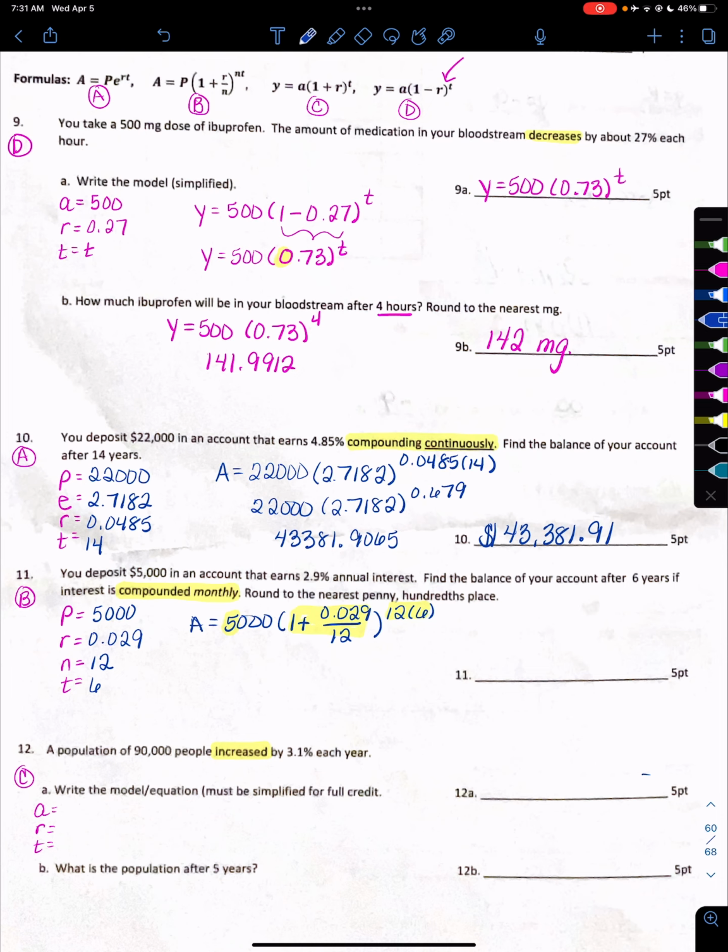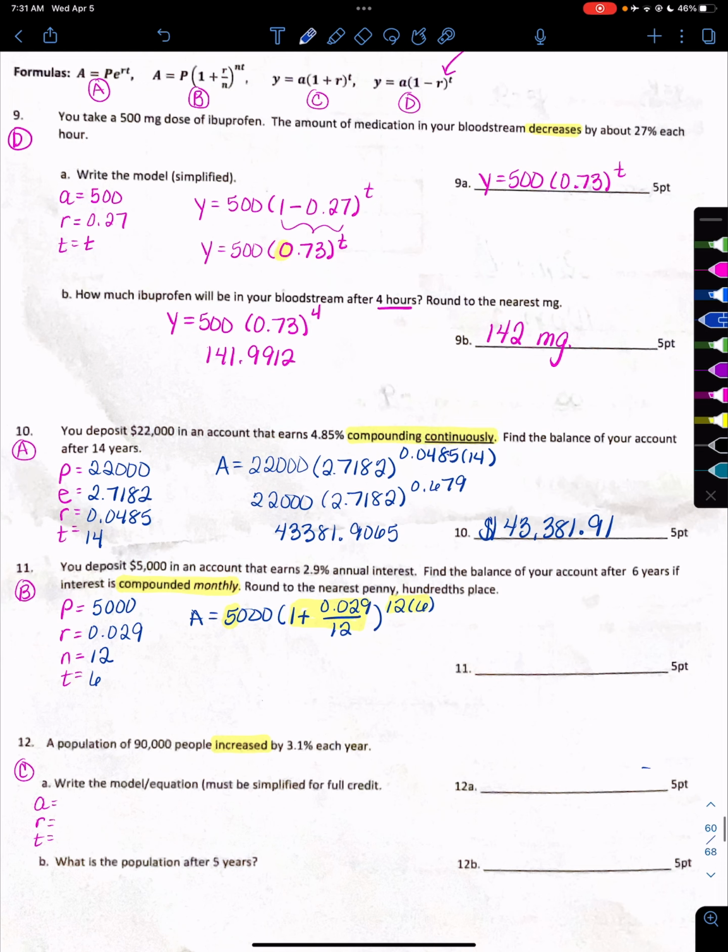Your answer on this one, if you're checking your work on this one, will come out to 5,949.02.89.